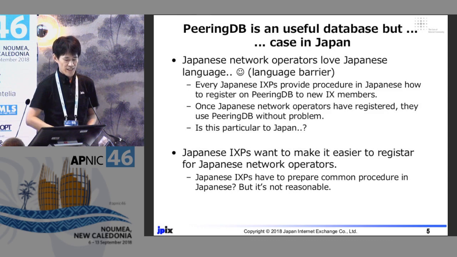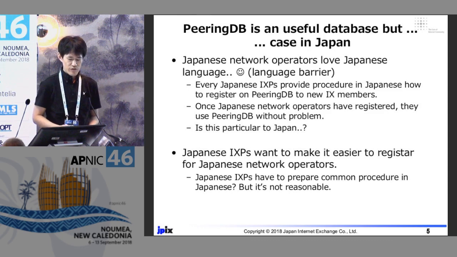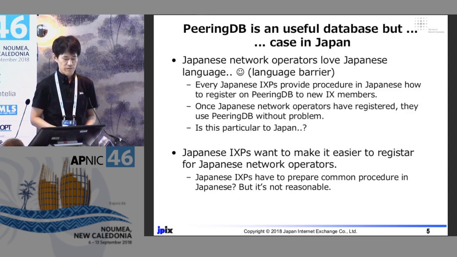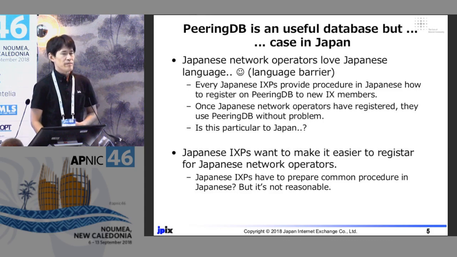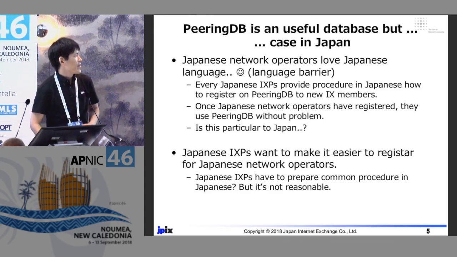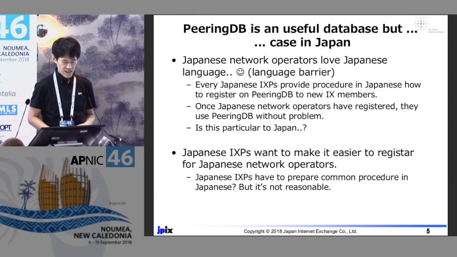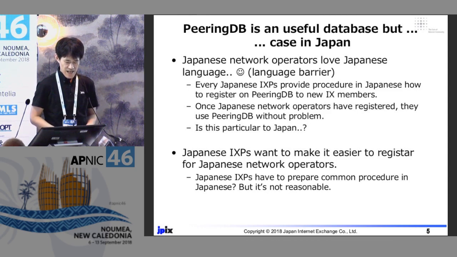But once they have registered, they use PeeringDB without any problems. And Japanese IXPs, including JPIX, want to make it easier to register for Japanese network operators. But it's not reasonable for Japanese IXPs to each have to prepare a common procedure in Japanese.